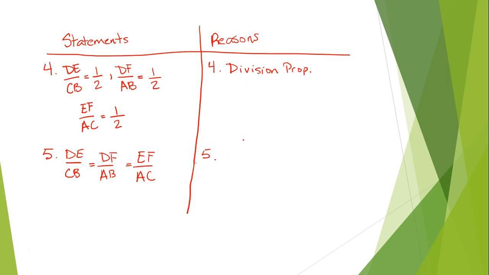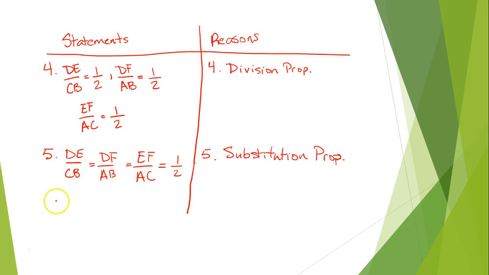Okay, and that is the substitution property because we're substituting things in for 1/2. They all equal 1/2. You can even write that here if you want to. Substitution property. There we go.